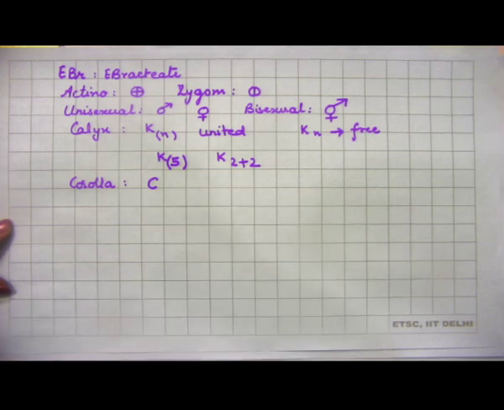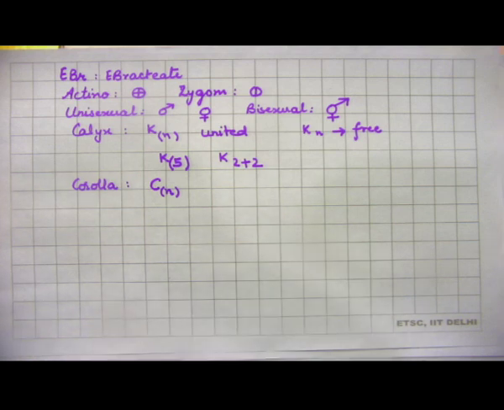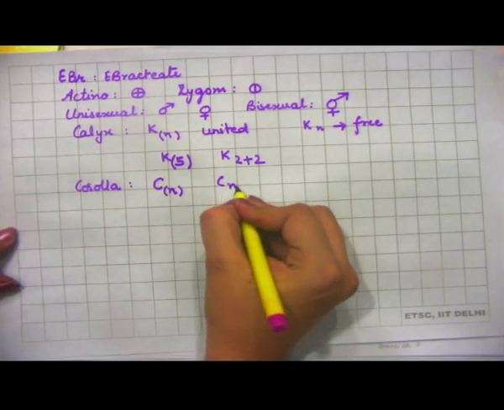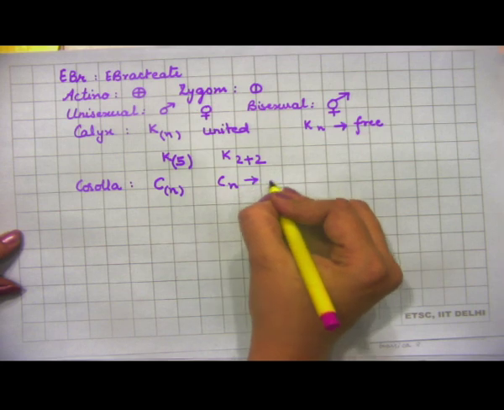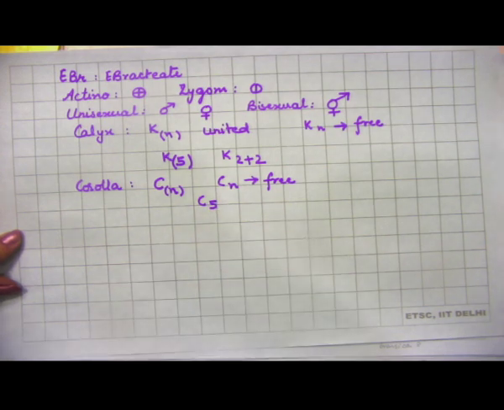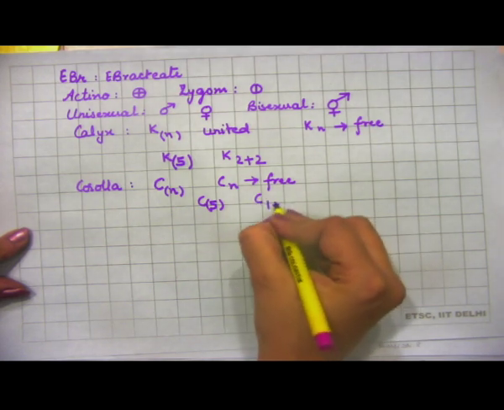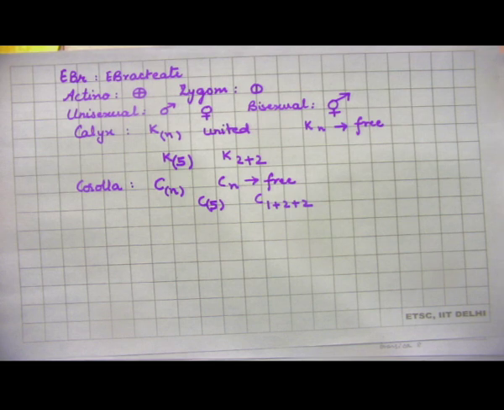Corolla is denoted by C, and the number of petals is written here below the C, and if I write the number in the bracket, that means these petals are fused or united, and if I write the number only without the bracket, that means the petals are free. So, C5 means 5 free petals, and C5 enclosed in a bracket means 5 fused petals. Again, C1 plus 2 plus 2, what does that mean? That the petals are arranged in 3 layers which are not united.